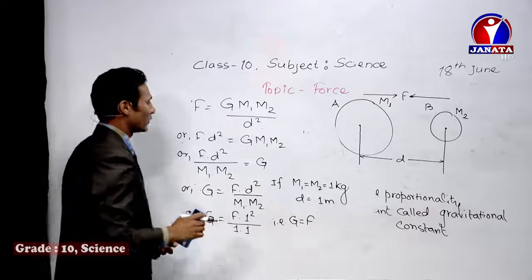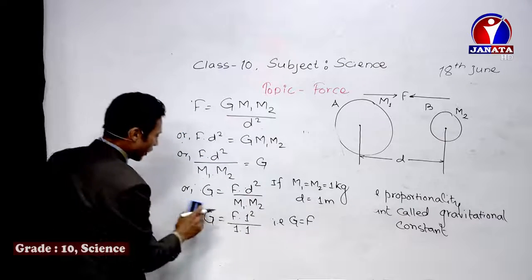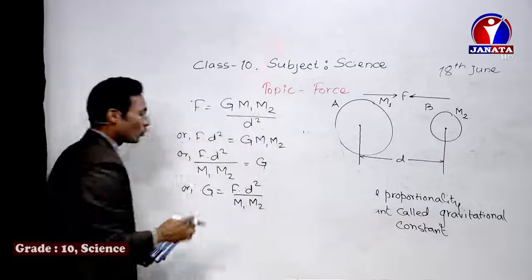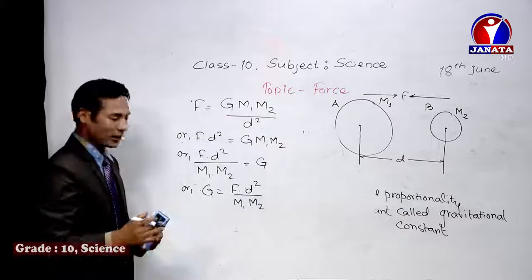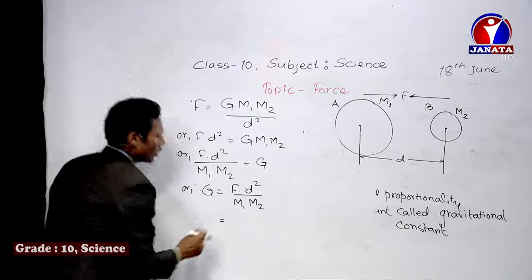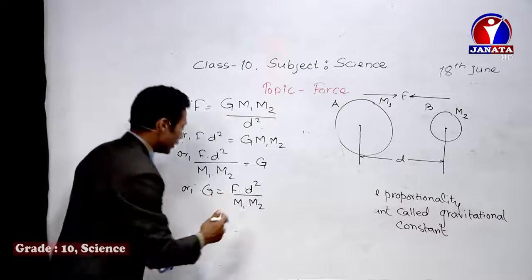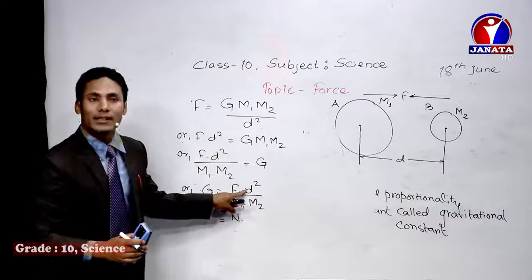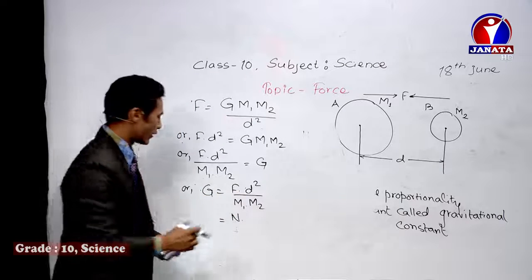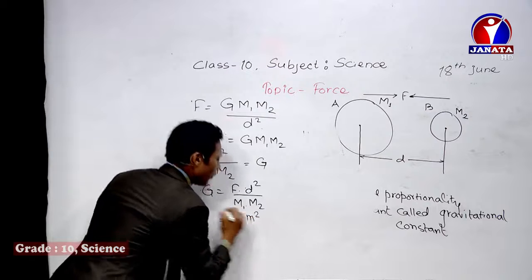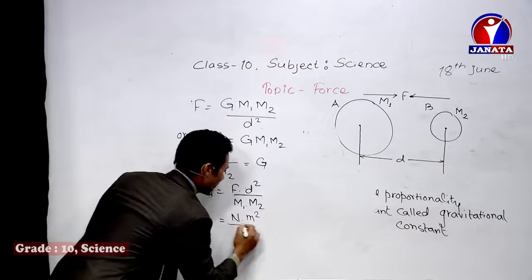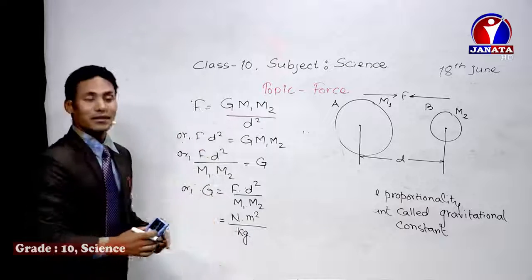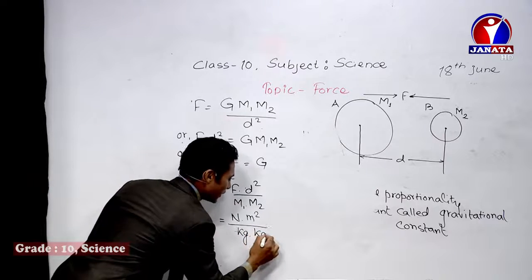So what is the unit of this gravitational constant? Let's see. So let me rub up to here. So what is the unit of the gravitational constant that we are going to find? Okay, so the unit of force is the Newton, right? And the unit of distance is meter, but here a square is there, so we write meter square. And the unit of mass is kg, and another mass is left there, that is kg.